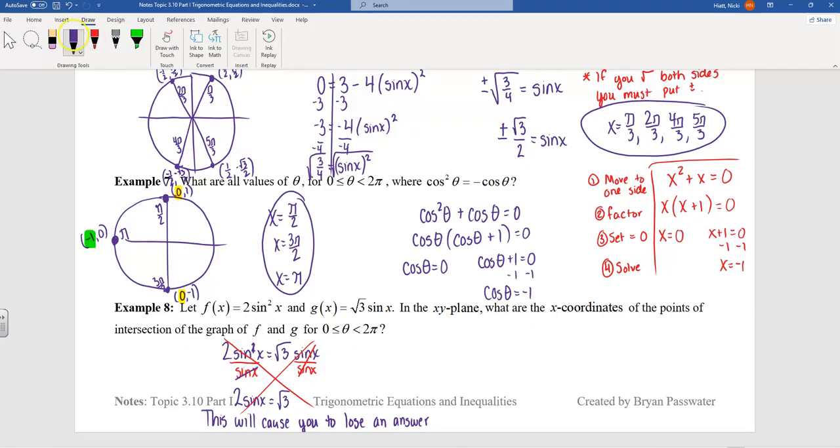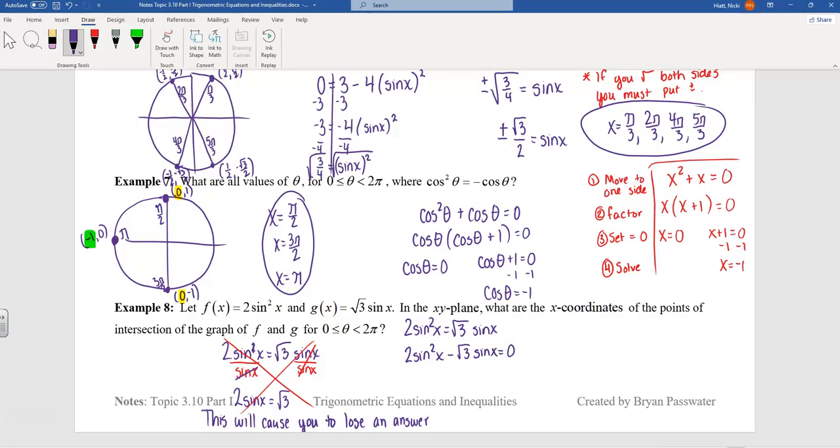So what we want to do instead is we want to do our 2 sine squared x equals square root of 3 sine x. We want to do like we did with the quadratic. Here we got the quadratic, right? Move everything to one side. So we've got 2 sine squared x minus the square root of 3 sine x equals 0.